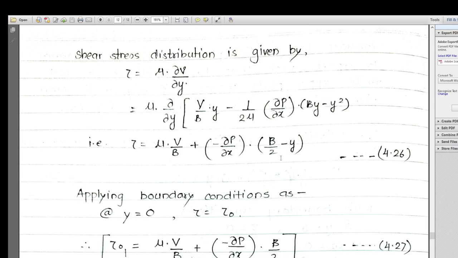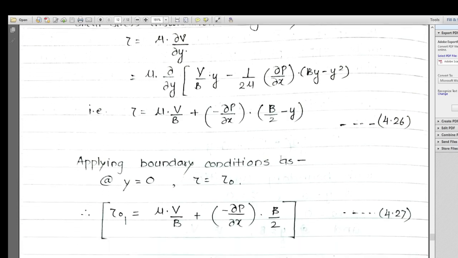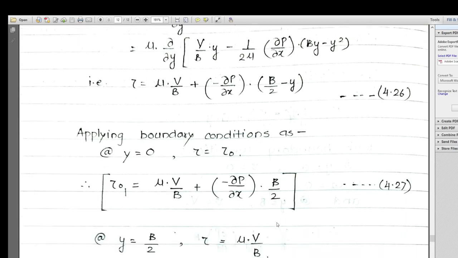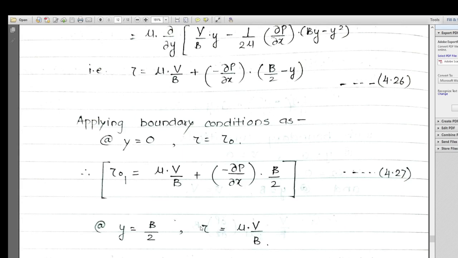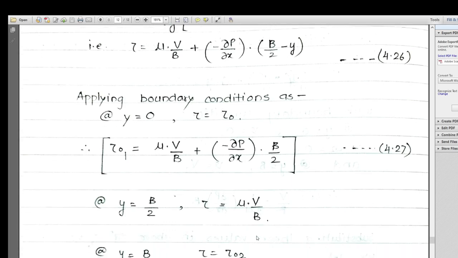Okay, now we will apply the boundary conditions, that for y equal to 0, shear stress is tau 1. So tau 1 is equal to mu into V by b plus dp by dx into b by 2. And when y is equal to b by 2, tau is equal to mu into V by b.